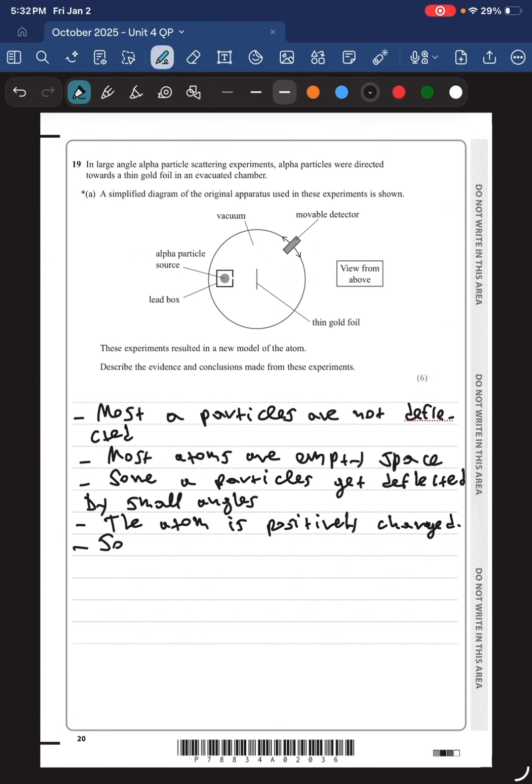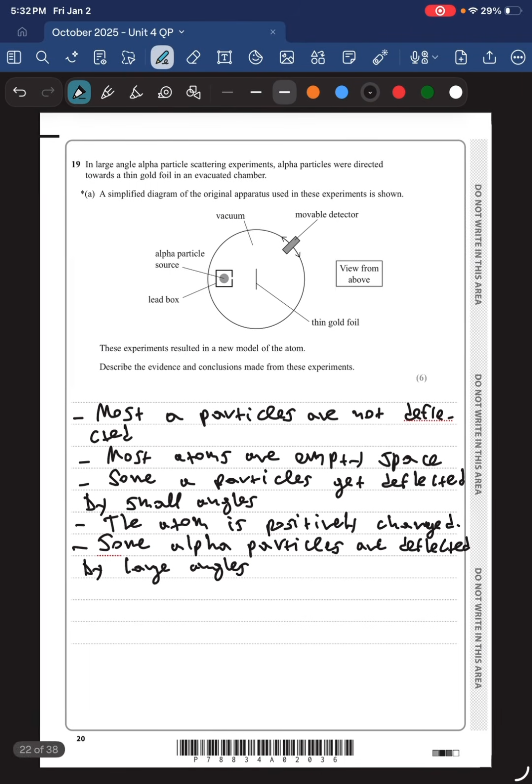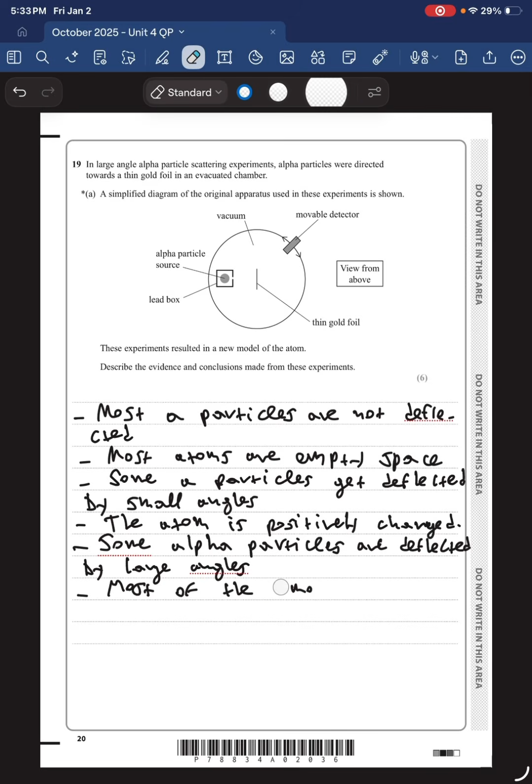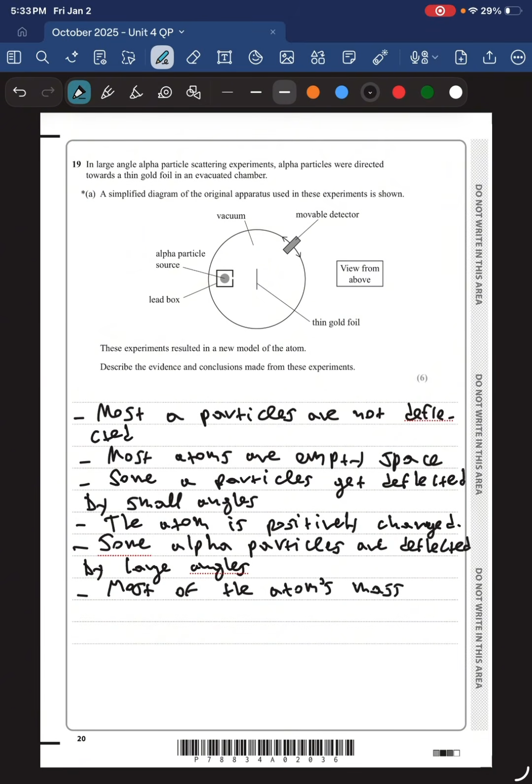And then some alpha particles are deflected by large angles. This tells you that most of the atom's mass is in the nucleus.